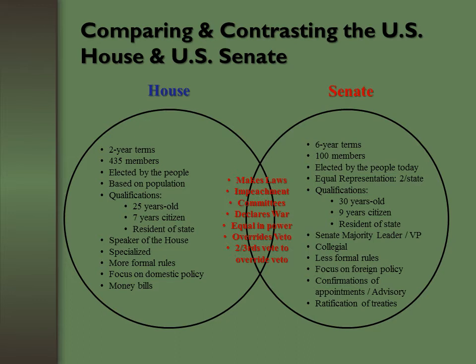In the U.S. House, as you hopefully now know, they serve for 2-year terms. The Senate serves for 6-year terms. It's interesting to note that Congress does not have what's called term limits, meaning that they can only serve X number of terms, and after they do, they are termed out. In Congress, that does not exist.